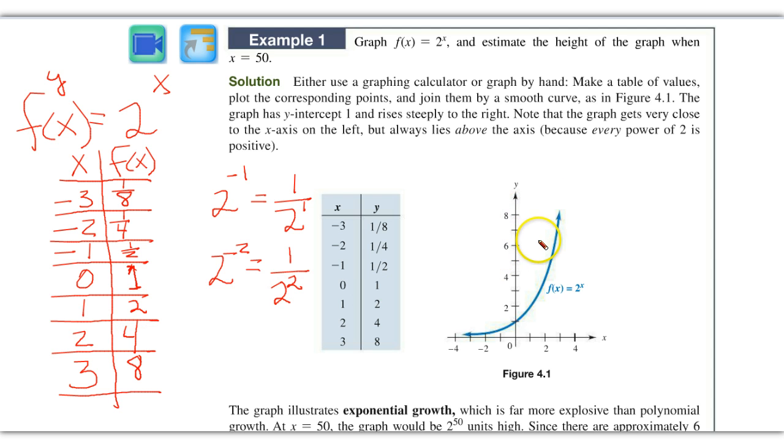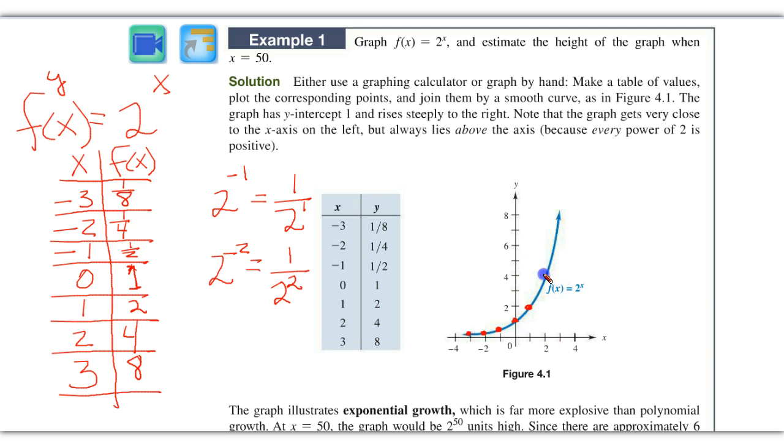And now you start to plot them. So we can do it this way. Negative 3, 1/8 is sort of close. 1/4, you go up just a little bit there. Negative 1 is 1/2. 0 is 1. And then now these are easy. These go at 2.